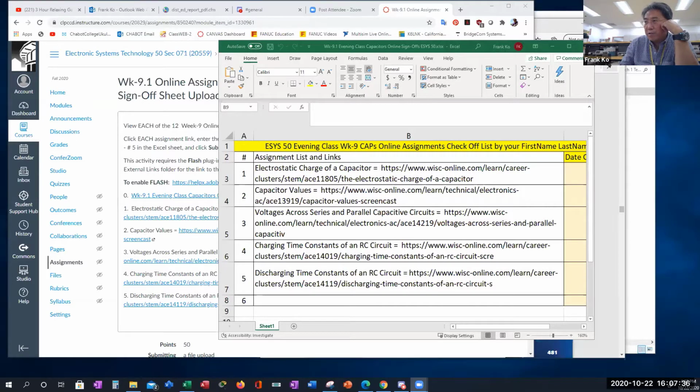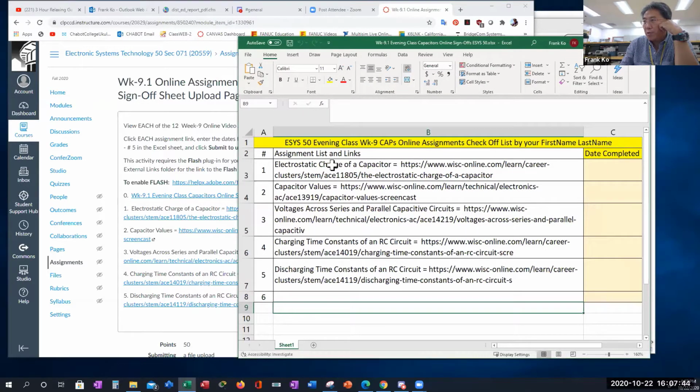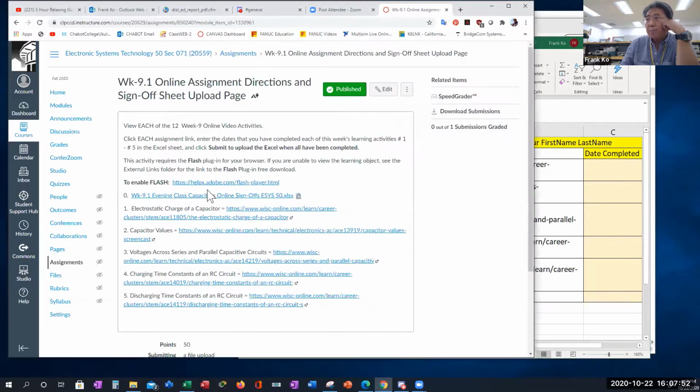The Excel sheet is simply a sign-off sheet that allows you to check off the date when you completed an exercise. If you look at item number 1, electrostatic charge of a capacitor, you can see a link in this cell, and it matches the one in Canvas.